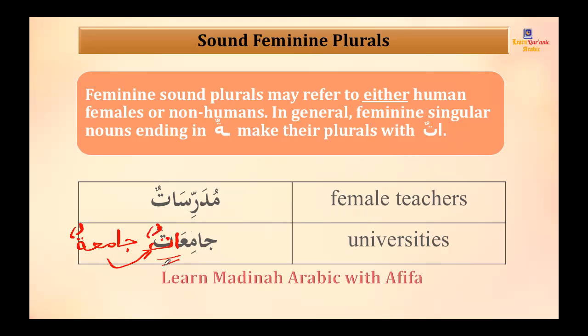This is called ta maftuha and this is called ta marbuta. You switch that to this. So this is universities, plural. Sound feminine plural. And why do you call it sound? Because notice this part has not changed. The original word has remained intact.